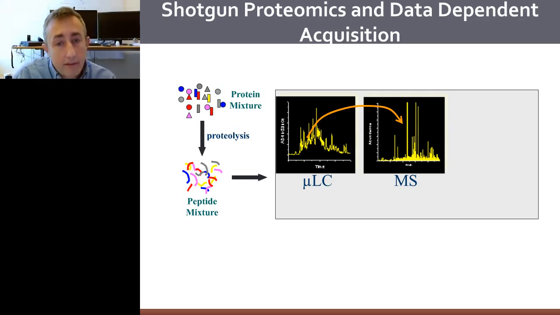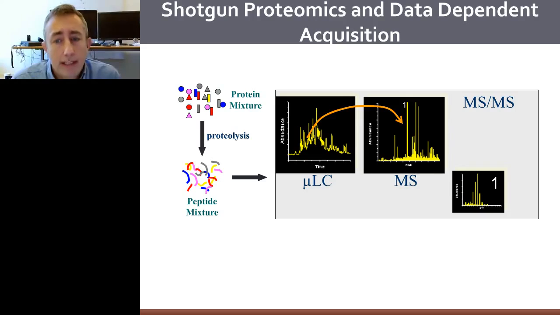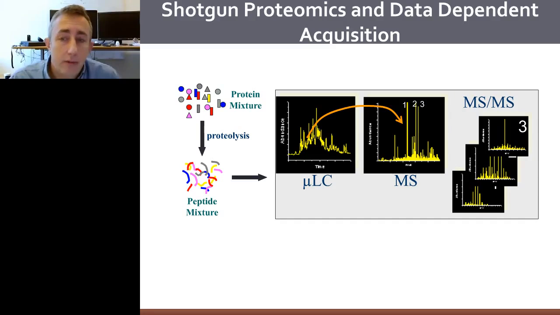So we basically have a three-dimensional piece of data, and the instrument makes decisions on the fly using a process we call data-dependent acquisition, where we select individual signals coming off the column and subject them to tandem mass spectrometry, or MSMS. We perform multiple stages of this, and then we repeat the cycle over and over again.